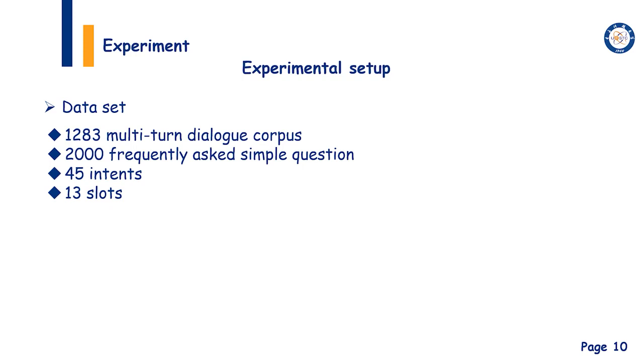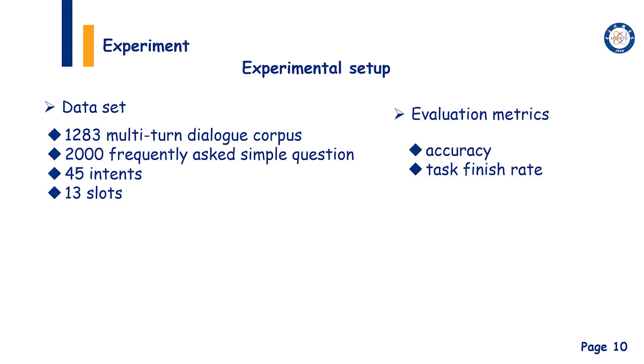From the corpus, we labeled 45 intents and 13 slots, and for each intent, we built an intent slot tree. Evaluation metrics use accuracy and task finish rate. Accuracy is used for every module, and task finish rate is used for the entire system.